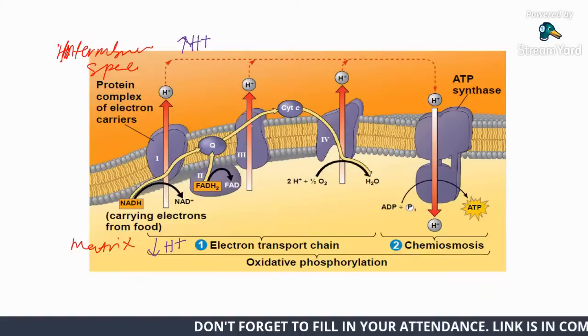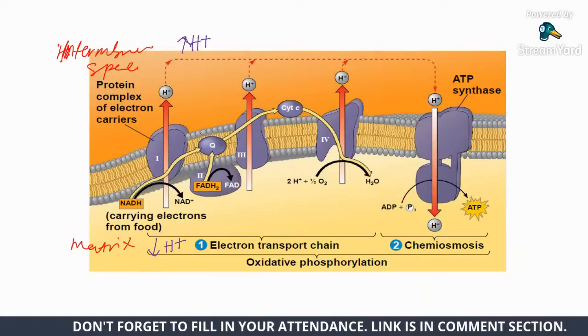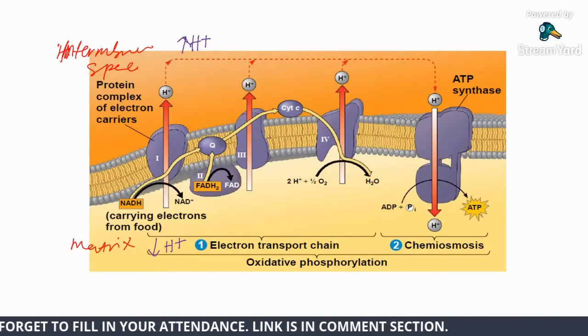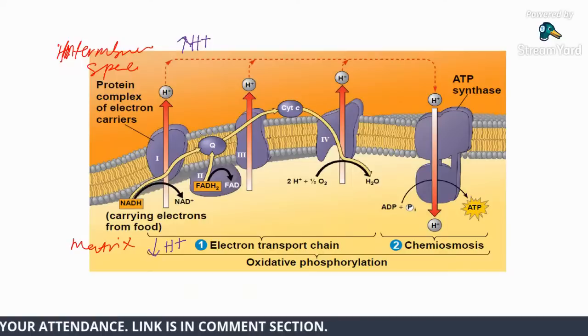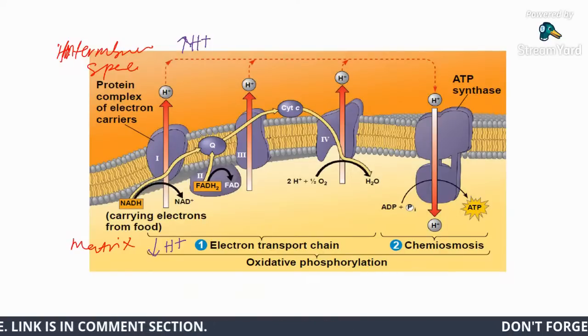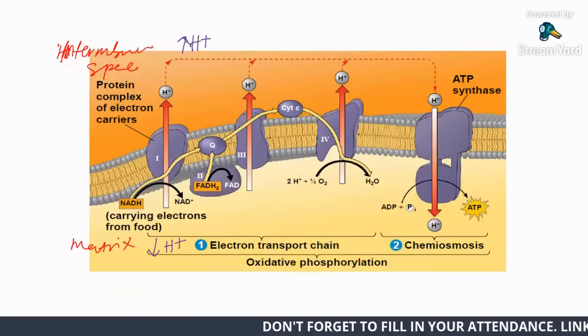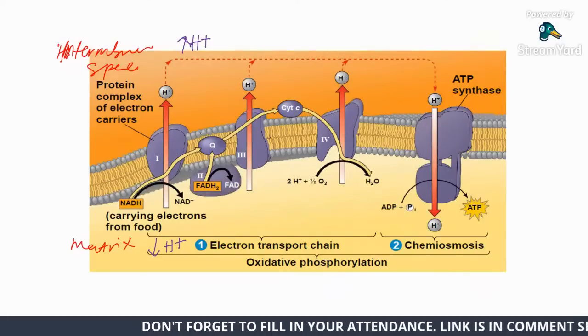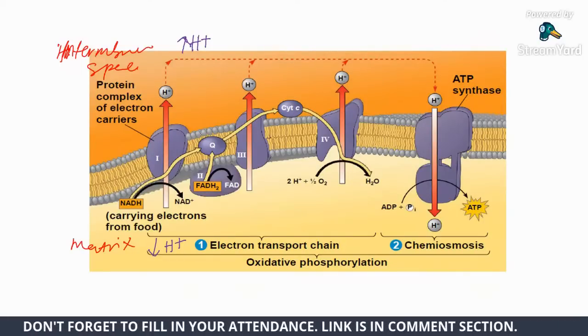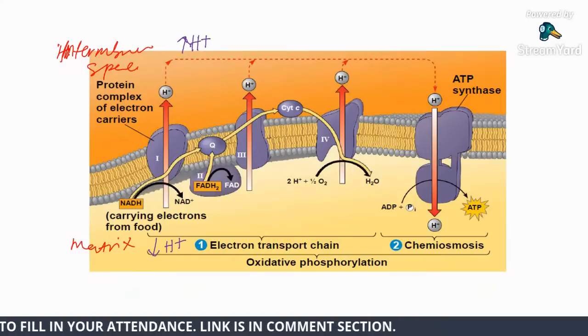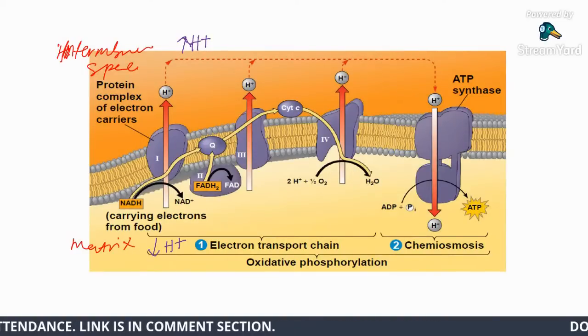Alright, so basically for passive transport, the substance will move from high concentration to low concentration until equilibrium is achieved. Okay, but for active transport, we don't want equilibrium to be achieved. We want the difference in concentration. We want to maintain the difference in concentration.